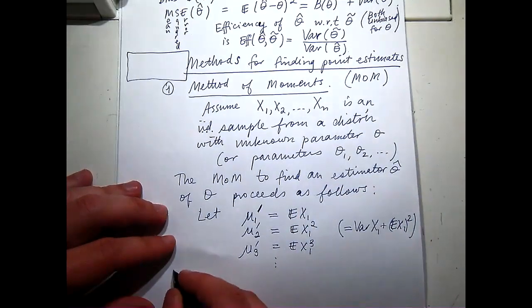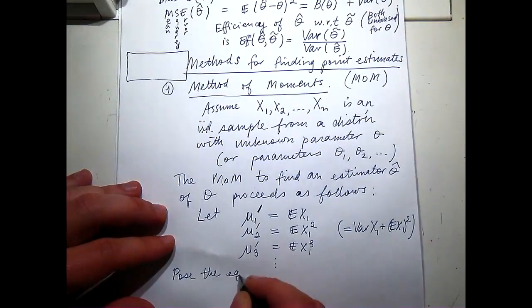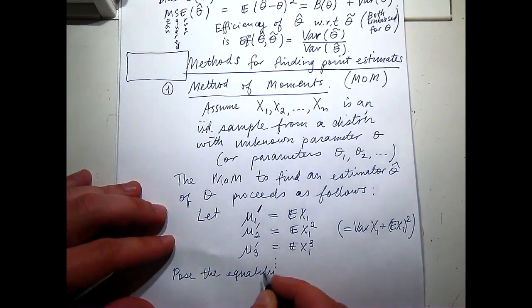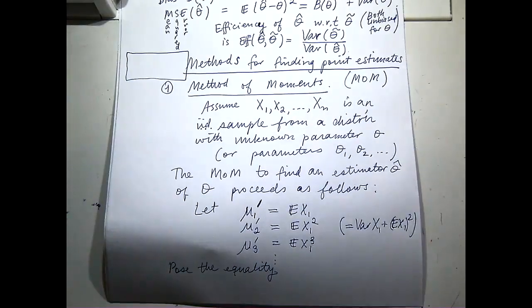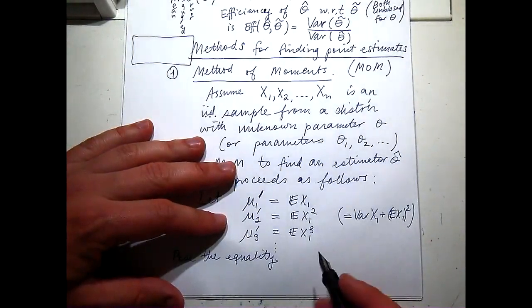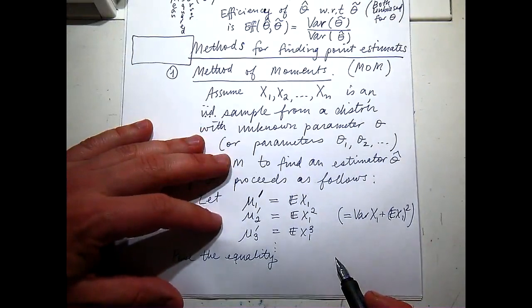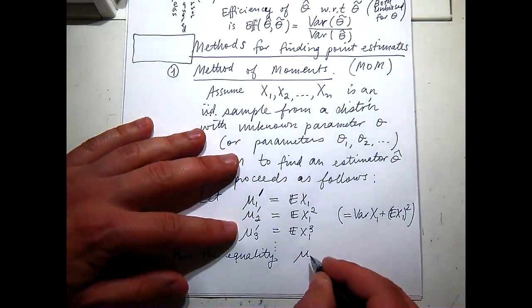Just pose the equality. Sometimes people might call this an Ansatz, which is a German word meaning just something that you set to be true. There's no particular reason except that we just substitute this into the formula and hope it works. So you just pose the equality mu1 prime.